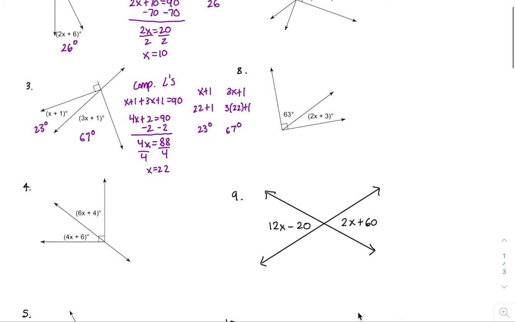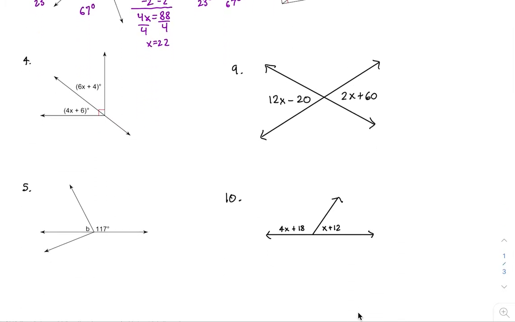Okay. Number 4. Another complementary angles. So, both angles add up to 90 degrees. Collect like terms, so 10x plus 10 is equal to 90. Subtract both sides by 10. 10x is equal to 80. Divide both by 10. x is equal to 8. Plug x into the angles so we can find the angle measurement.